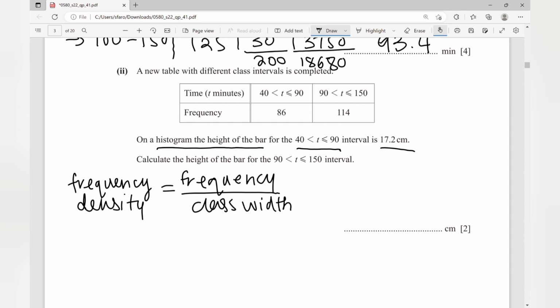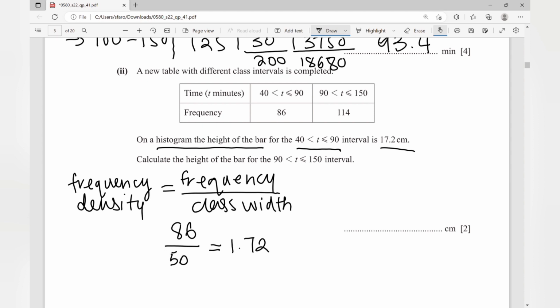So the frequency for the 40 to 90 interval is 86, divided by the class width, which is 90 minus 40, equal to 50. If we divide this, we get 1.72.